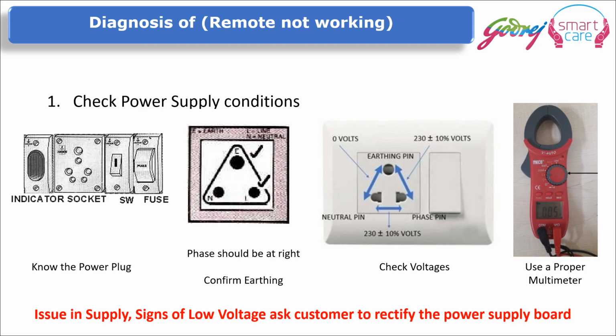For any air conditioner unit, we have to check the input voltages, whether the earthing is good, whether the phase is in the right, and whether the phase earth and phase neutral voltages are the same. All these are preliminary checks which have to be done on any air conditioner.